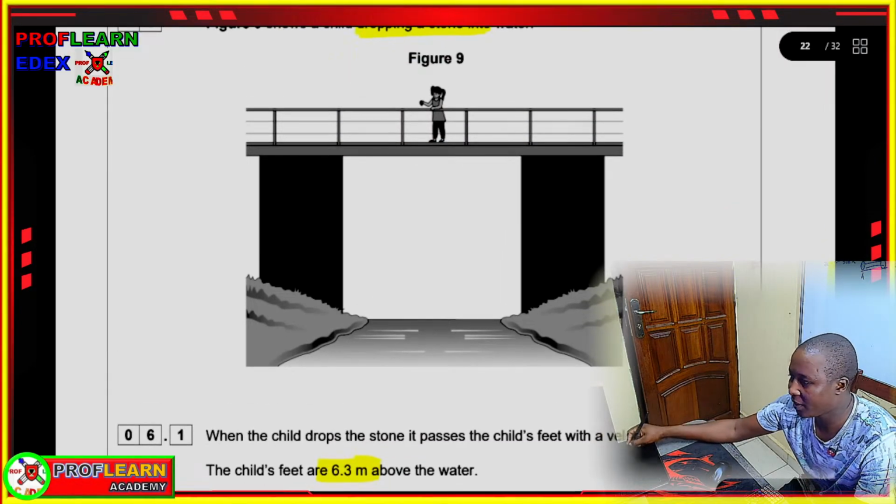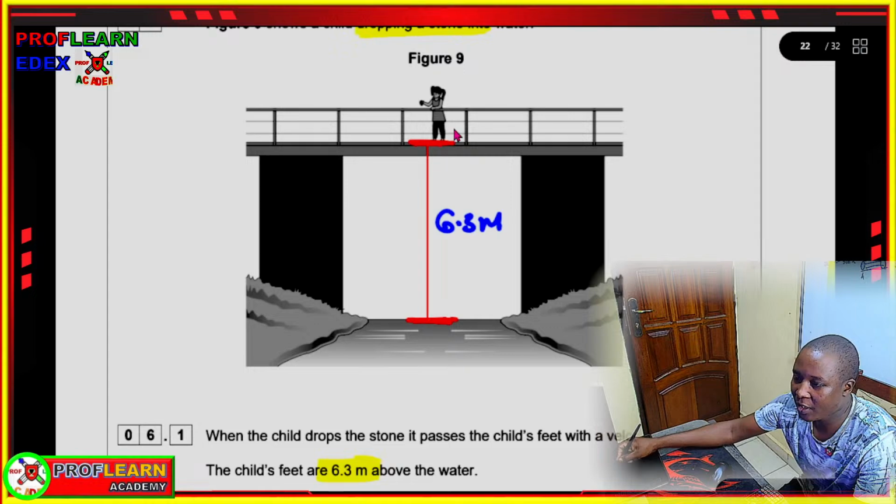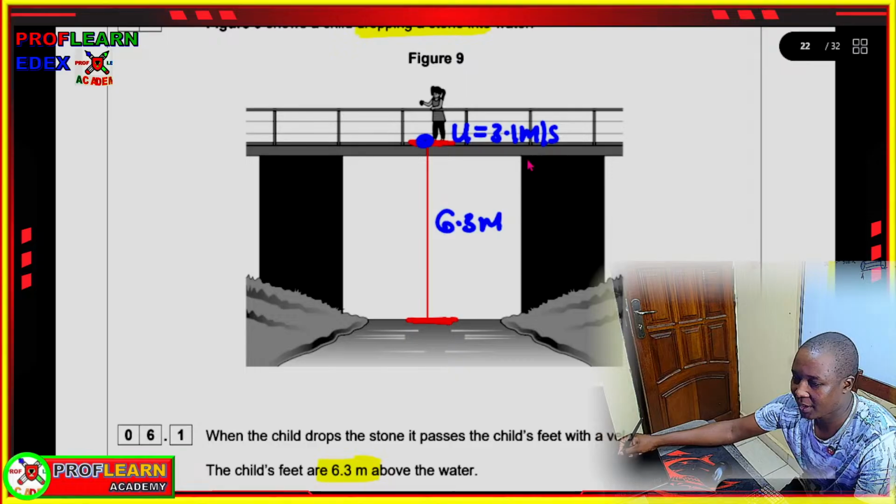The height there is basically 6.3 meters, and the initial velocity when the stone was passing the child's feet is 3.1 meters per second.